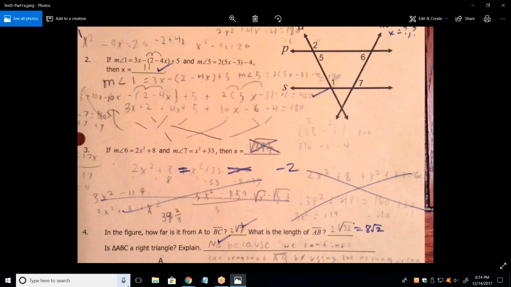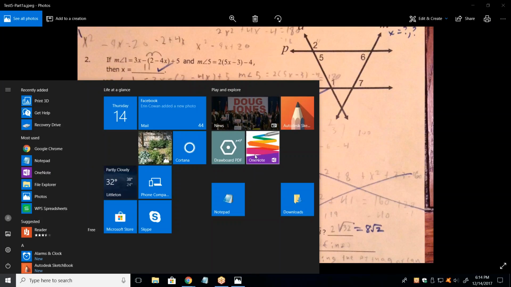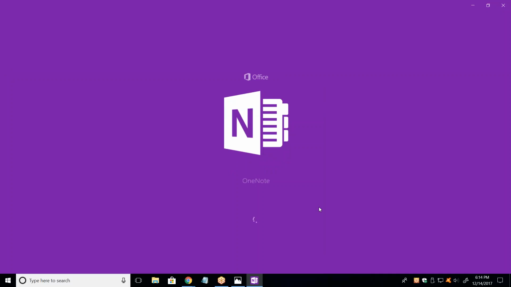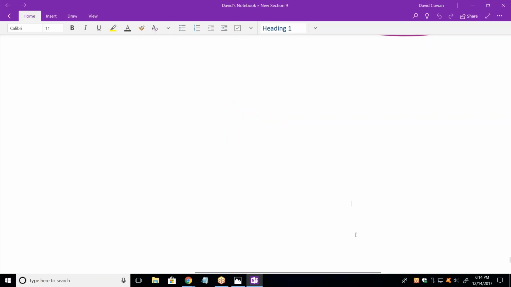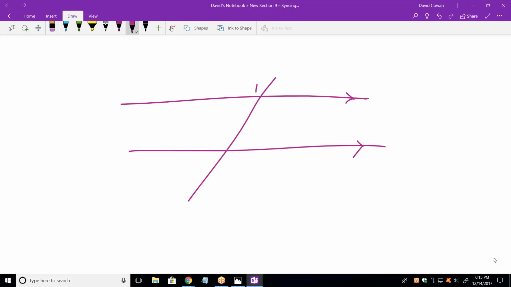I think this is really helpful in understanding parallel lines and transversals. They give you a lot of theorems to memorize, and you don't need all those theorems, not unless they're asking you for a 2-column proof. If I have two parallel lines and a transversal, that transversal creates 8 angles.